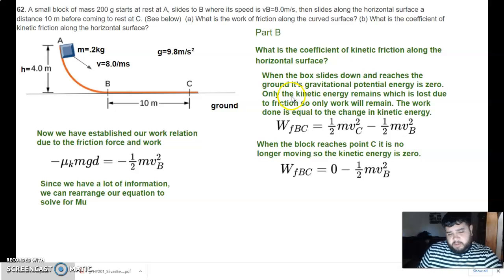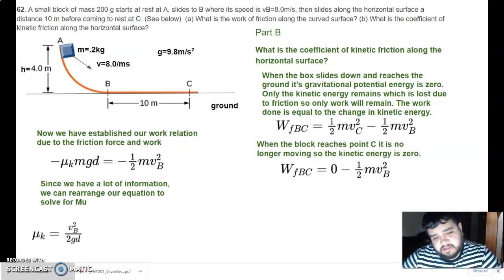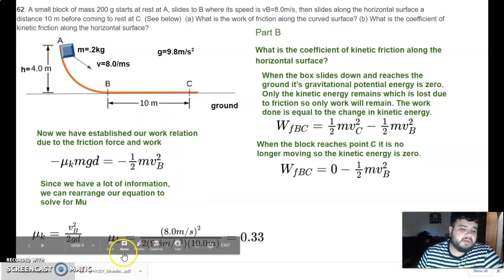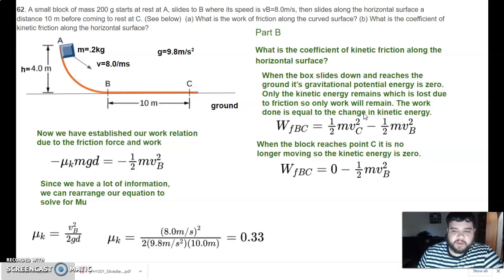So algebraically we can manipulate the equation to solve for mu. Mu k, the coefficient of kinetic friction, is equal to the velocity squared of B divided by 2 times gravity times the distance it traveled. When we plug all that in, we get 0.33.